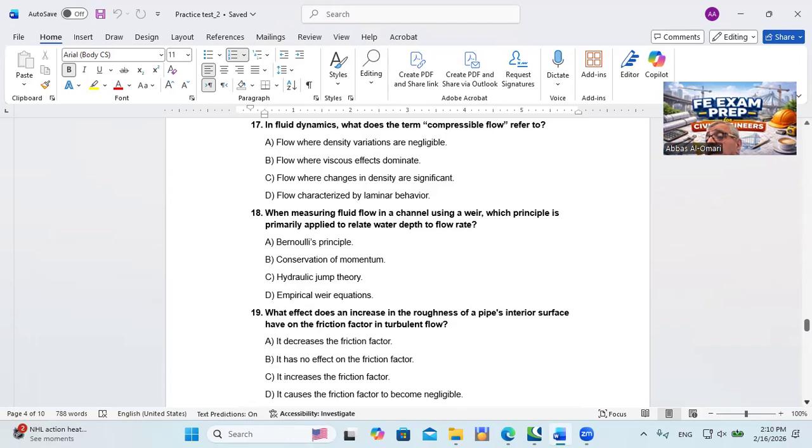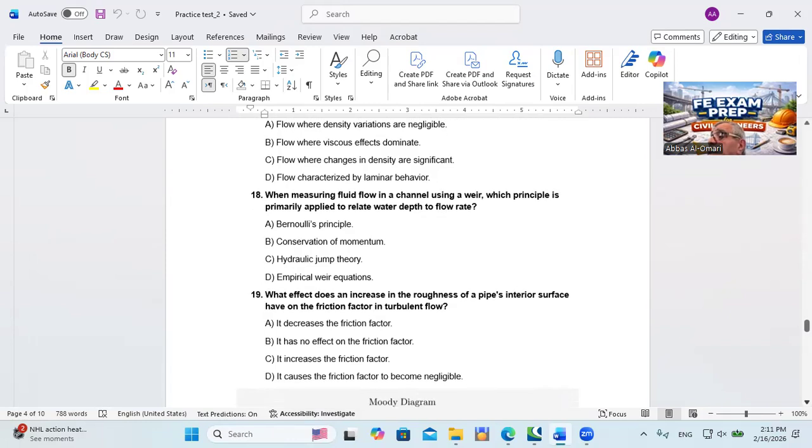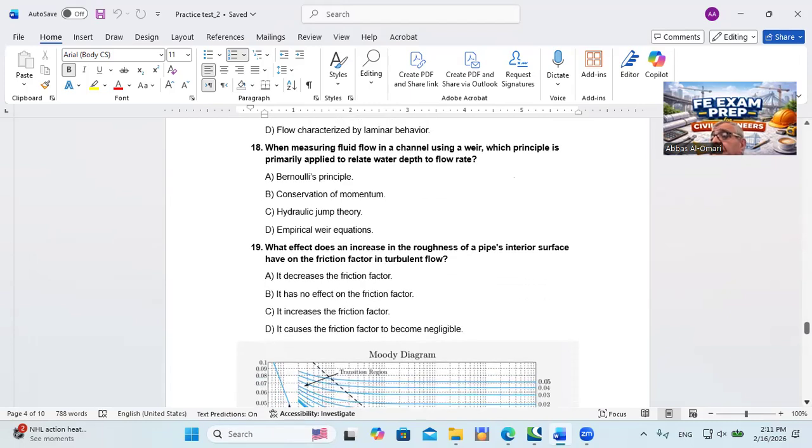Conservation of momentum deals with forces, so it is not the correct answer. Hydraulic jump is different, and so is the empirical weir equation. We usually use the Bernoulli equation to derive the weir equation. So the answer is A.